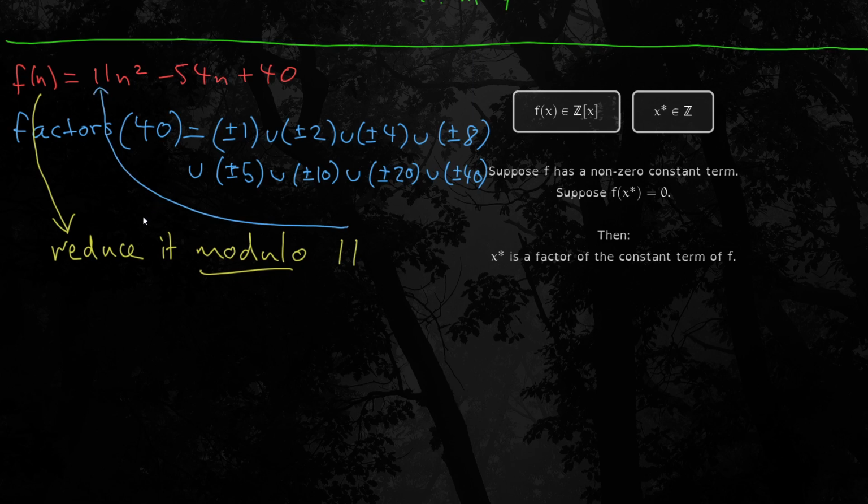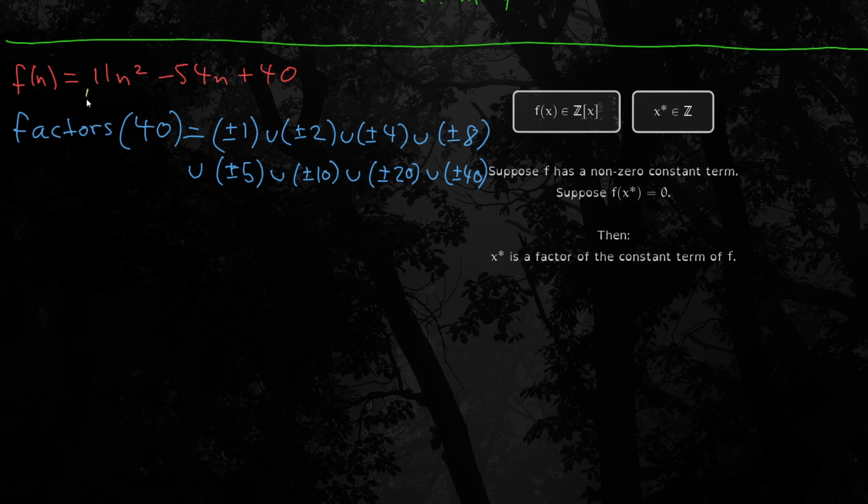If we work modulo 11, we don't have to square anything, which is pretty convenient. We're going to get a polynomial that's a lot simpler than f, but still has many of the same properties. And by looking for the integer roots of that, we'll be able to find the integer roots of f a lot more computationally efficiently.